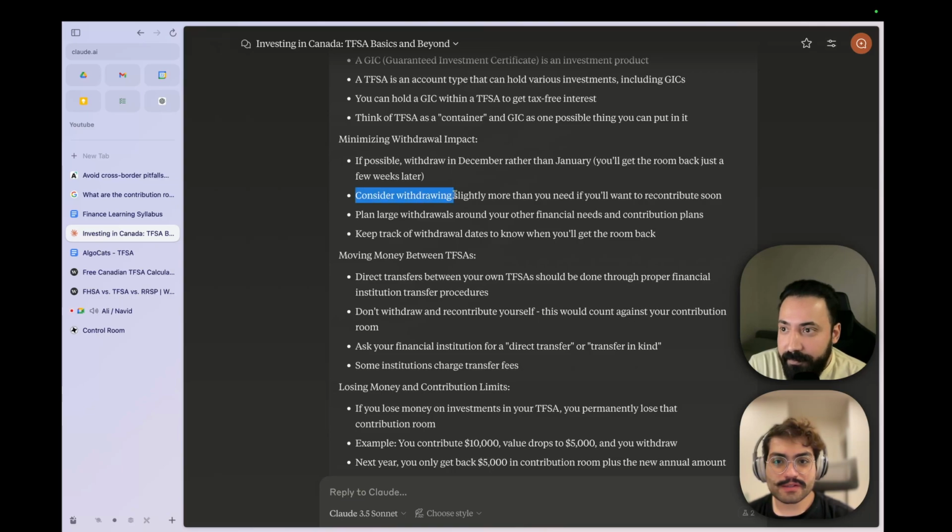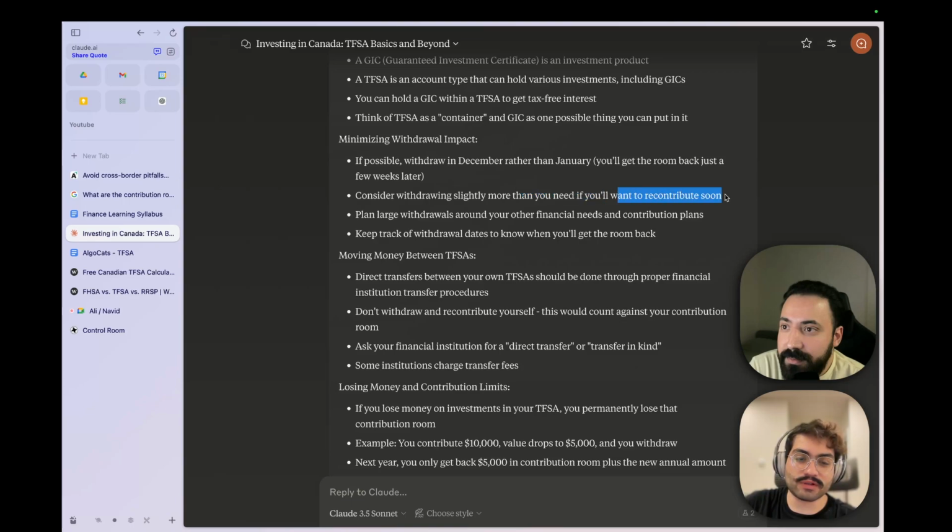It also says consider withdrawing slightly more than you need if you want to recontribute soon. Do you know why that is? I didn't pay attention. What was it? Consider withdrawing slightly more than you need if you want to recontribute soon.